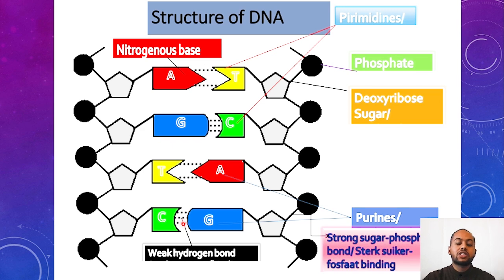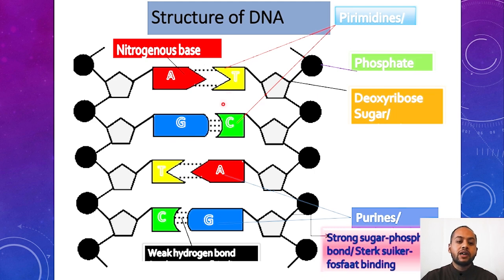This weak hydrogen bond is going to ensure that all the nucleotides on this DNA strand are joined. Because all these nitrogenous bases are joined using a weak hydrogen bond, the DNA structure has a double-stranded structure. So 2 strands have been joined together since the complementary base pairs of the nitrogenous bases have been joined using a weak hydrogen bond.